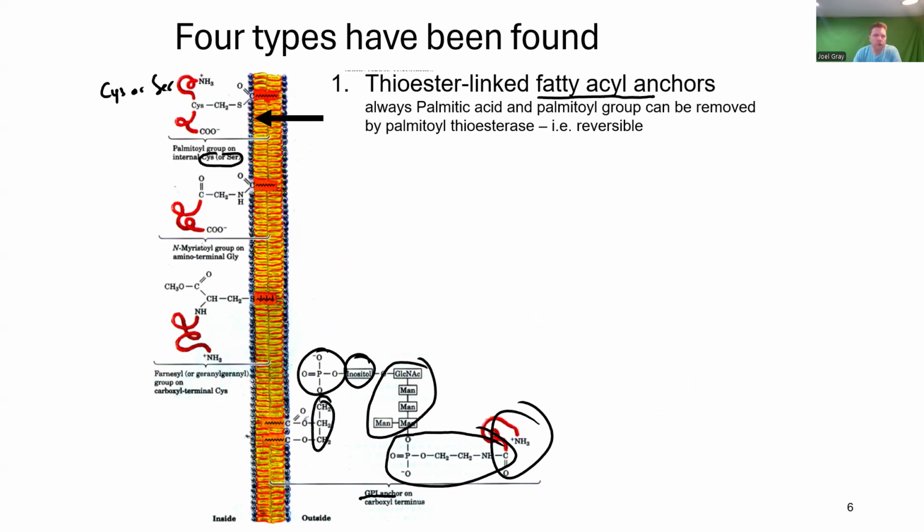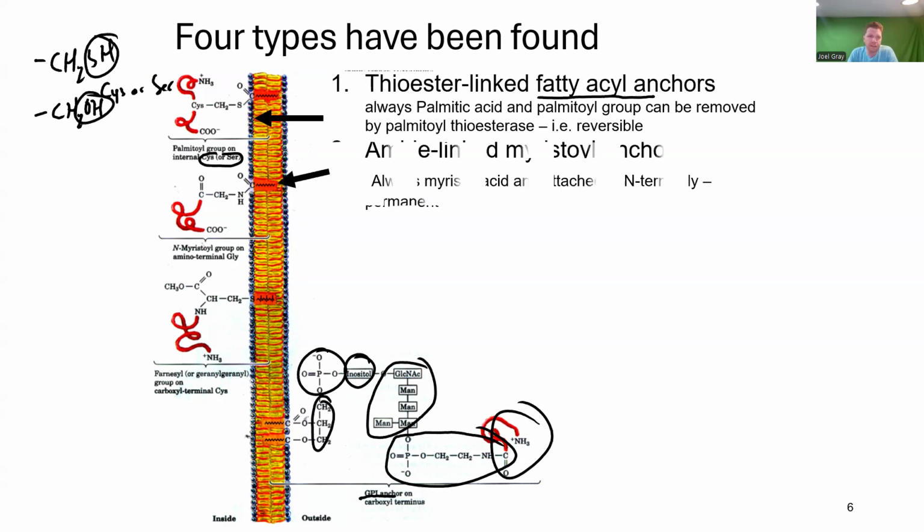Which, if you think about, what's the R group for cysteine or serine? Well, cysteine, CH2SH. Serine is CH2OH. So that sulfhydryl or that thiol or that hydroxyl group can basically be replaced by a fatty acid.